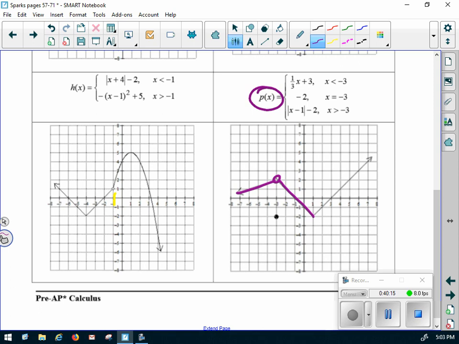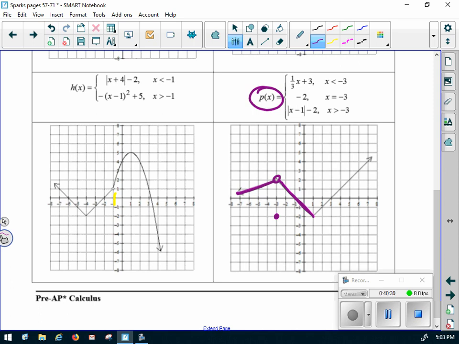Because where the function was defined and the y value that the function got closer and closer to were two different numbers, we have a discontinuity. That function is discontinuous. And remember, it's a point discontinuity because the two pieces connect at an open circle.